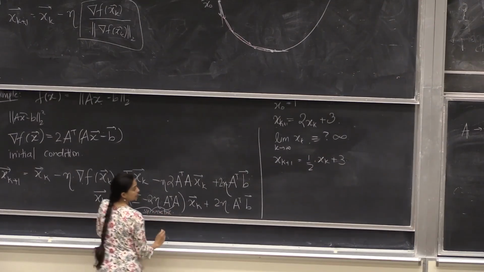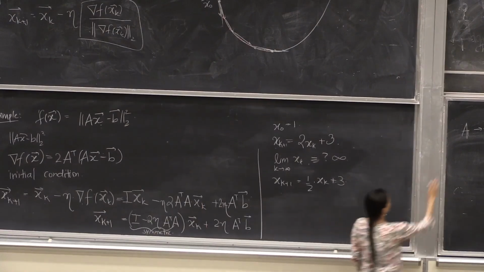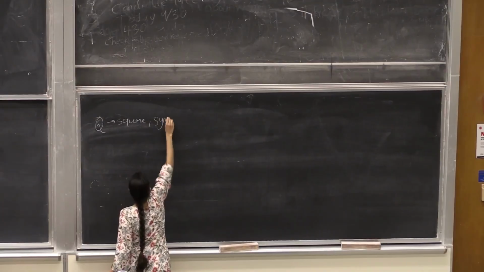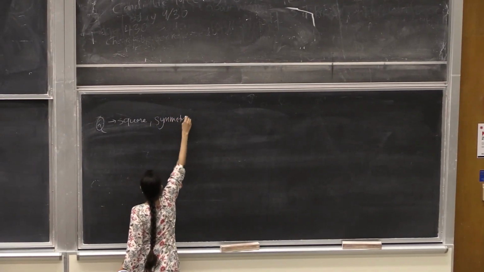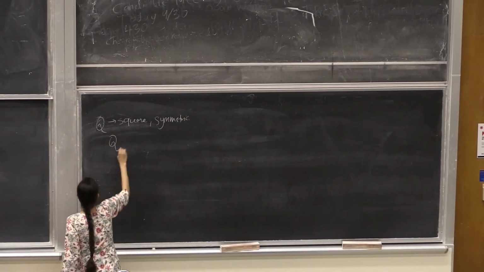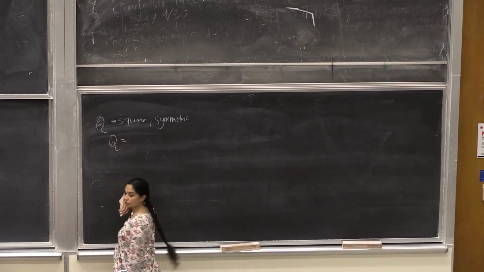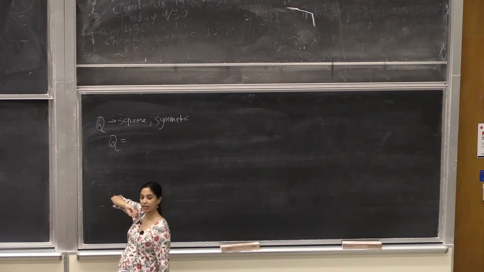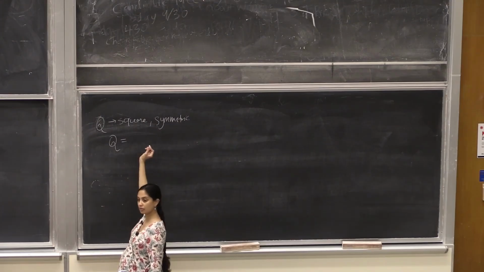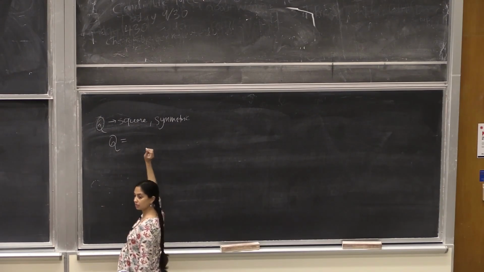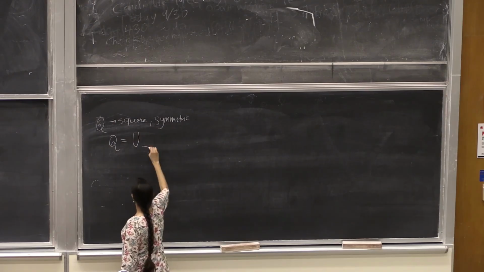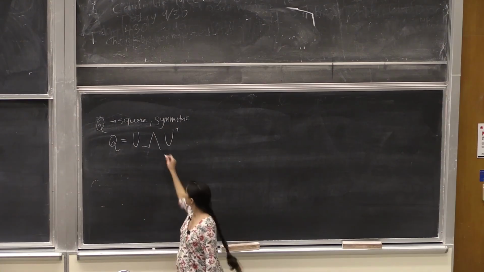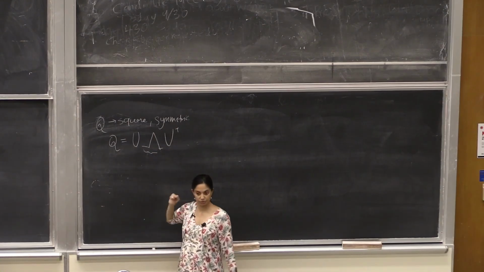What do we know for a symmetric matrix? So let's call this matrix Q. Q I can always write as what, if Q is symmetric and square? It's diagonalizable. How can I write it? Some U lambda U transpose, right? Where these are the eigenvalues.